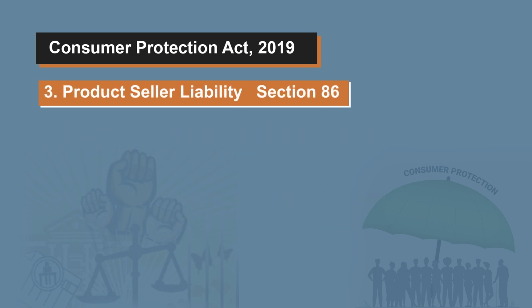Regarding the product seller's liability, Section 86 of the Act lists out the instances under which a product seller, that is, who is not a product manufacturer, shall be liable in a product liability action for a harm caused by a defective product sold by the product seller.